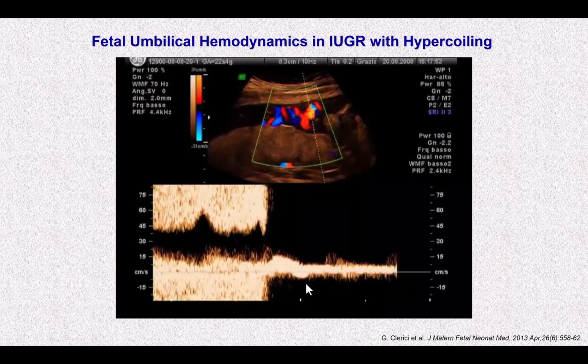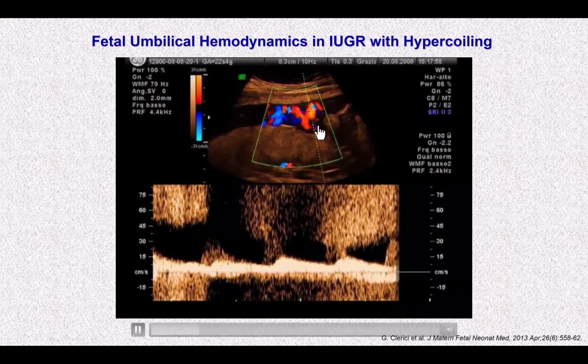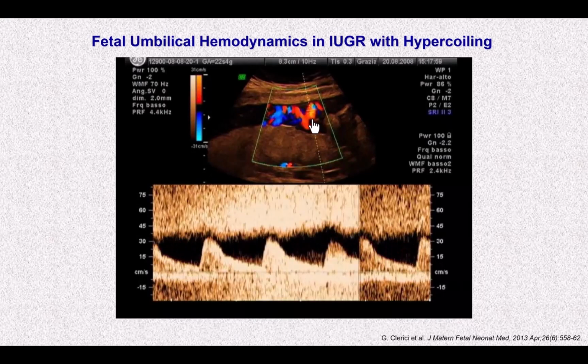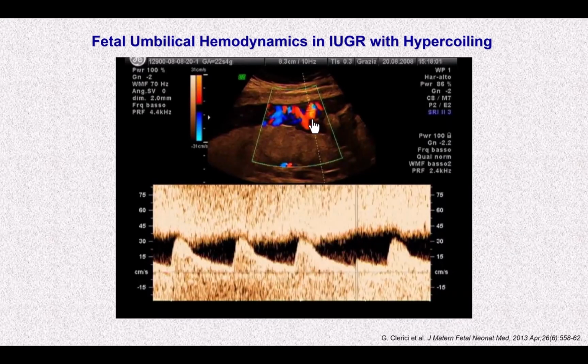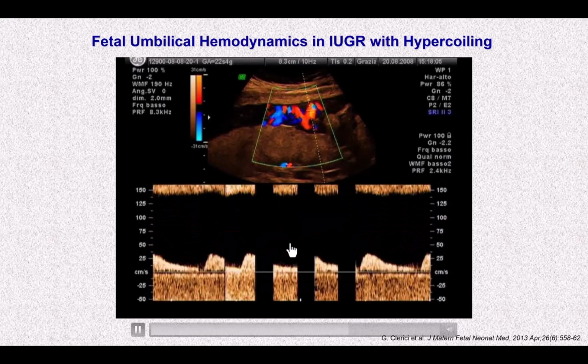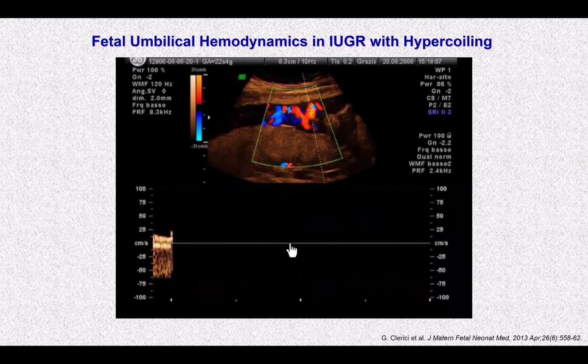In another segment, checking a segment of the umbilical cord, I saw this kind of phenomenon. You can see here the velocity in the umbilical vein is 3 times the peak velocity in the umbilical artery.